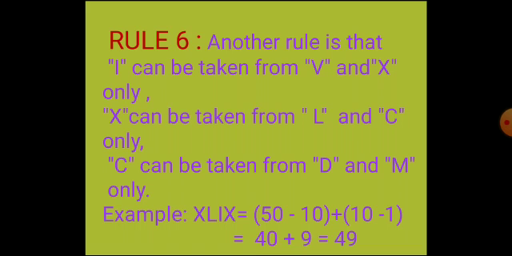The smaller value is placed on the left side of X. So we have to subtract those two values, 10 minus 1. So 50 minus 10 means 40, plus 10 minus 1 means 9. 40 plus 9, 49. Do you understand this rule, children?